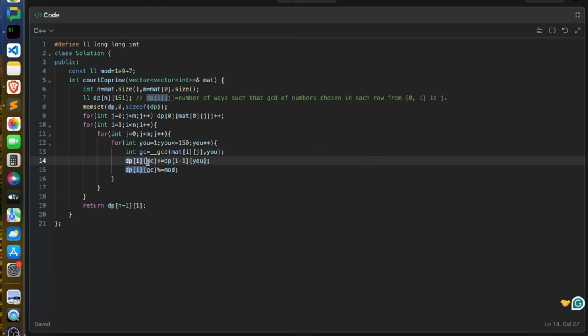Now similarly, as per the recurrence relation, dp of i new GCD plus equals to dp of i minus 1 u. So the total number of ways to get GCD by choosing a single element in each of the rows from 0 to i is equal to the number of ways to get GCD u at the previous row, right?